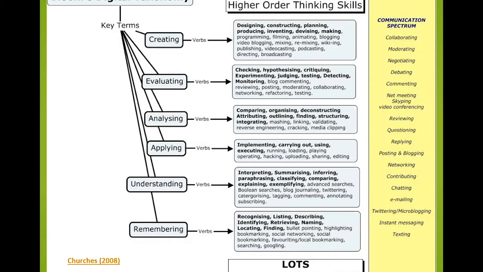In the Bloom's digital taxonomy, the equivalent to those lower order thinking skills, when you are integrating technology, would be things like bullet pointing, highlighting, bookmarking, because the technology allows you to develop these digital skills. I have used the Bloom's digital taxonomy in teaching my students how to integrate technology effectively.